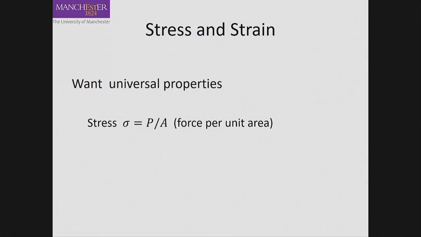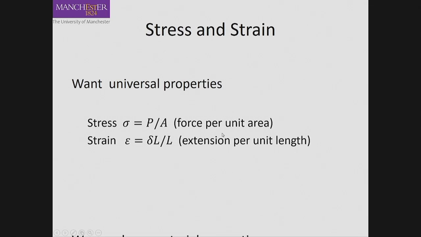So if you normalize the load with respect to the cross-sectional area, you get the stress. And instead of plotting the extension or displacement, you plot the strain. How do you get the strain? You divide the extension over the original length. In this case, original length was 460 millimeter. So you divide the displacement at each stage by the original length.